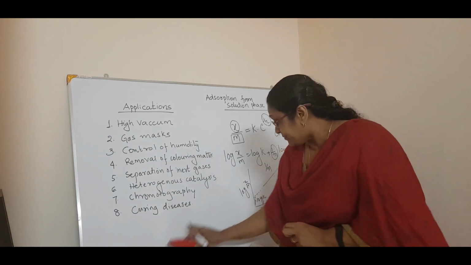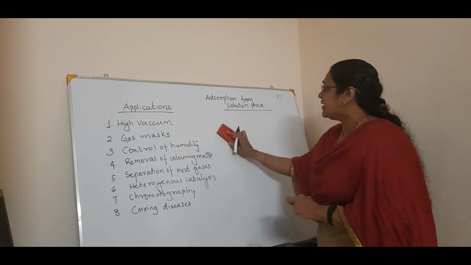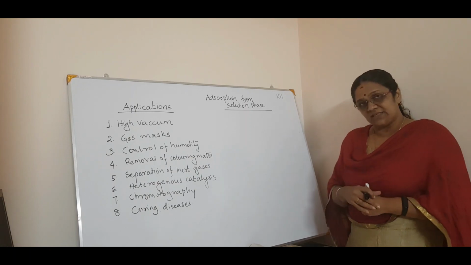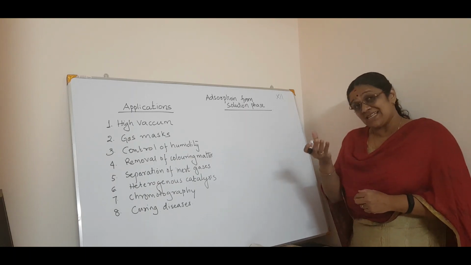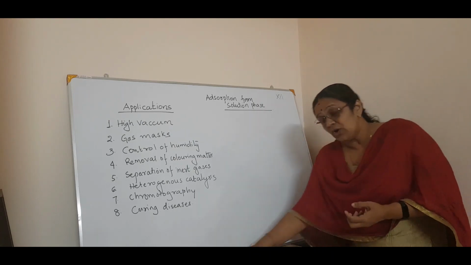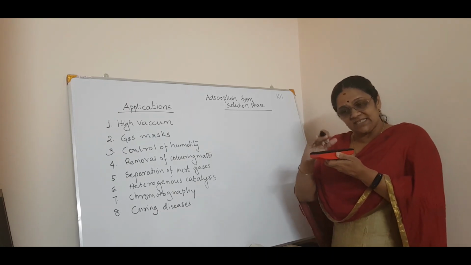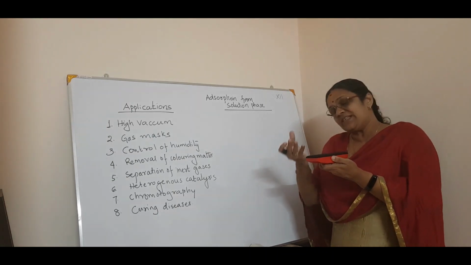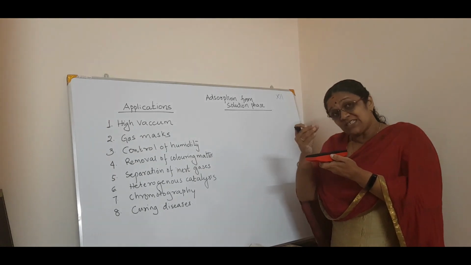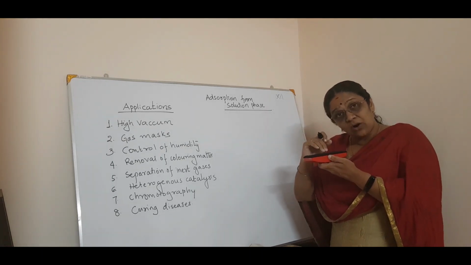Then there are certain factors which affect the adsorption of a solute particle to a solid adsorbent. If you have a solid adsorbent, say charcoal, and a solution, for example acetic acid in water, what are the factors which affect the adsorption of the solute onto the solid adsorbent?